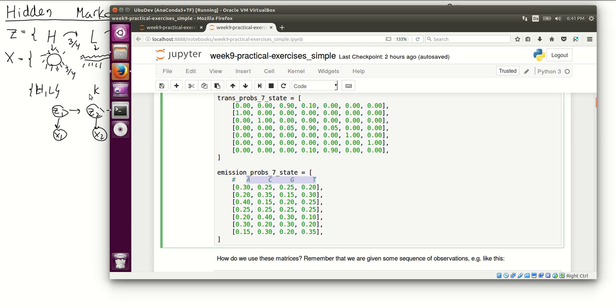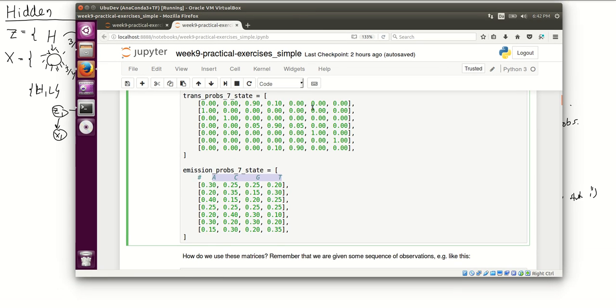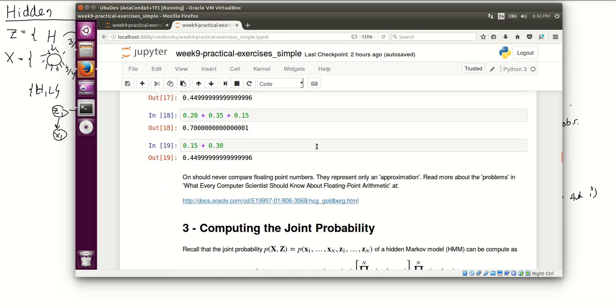So I just wanted to show you this, and then given these things, we can actually compute the probability of an observation and a corresponding set of hidden states, a corresponding explanation of these. So I'll just briefly see if I can find the code here.